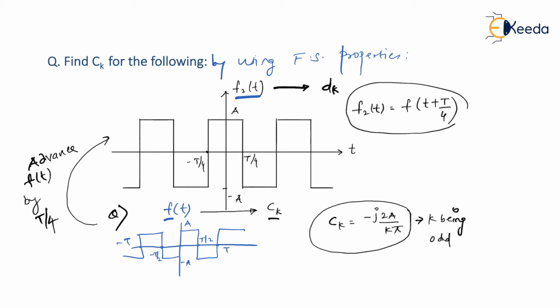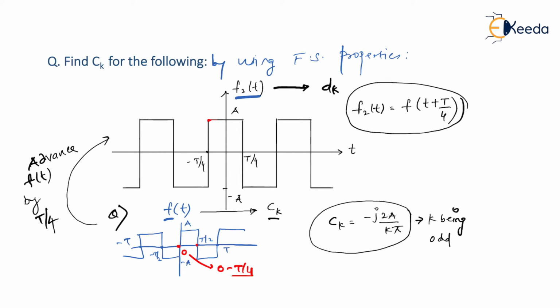This is what we mean by advancing by T by 4. So whenever we advance by T by 4, we actually subtract T by 4 from each time instant. So this was 0, it becomes 0 minus T by 4. Is that right? Therefore, at minus T by 4, now you see the amplitude is A.